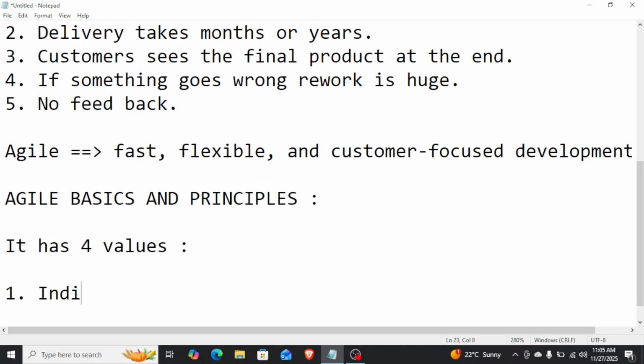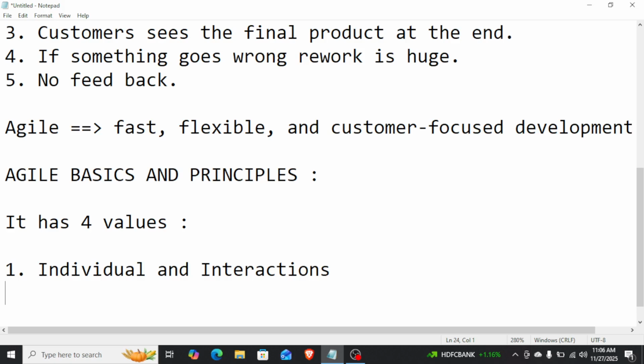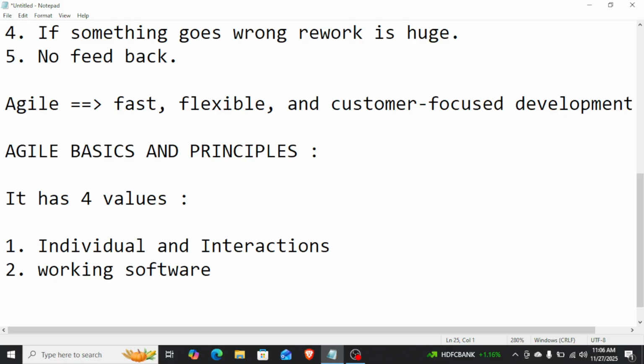One is individuals and interactions. Second is working software. And third value is customer collaboration.